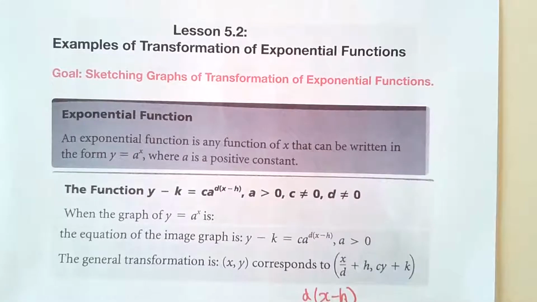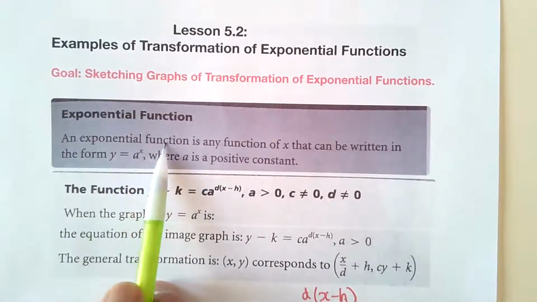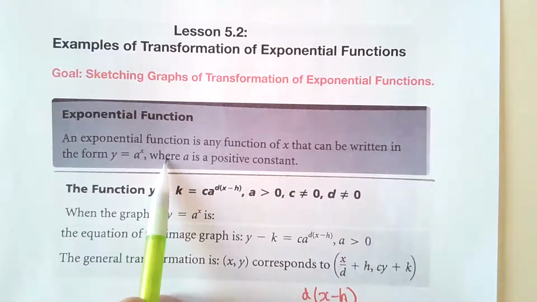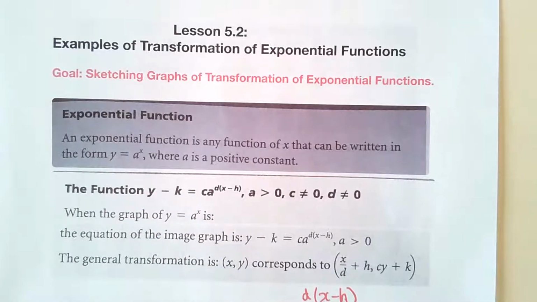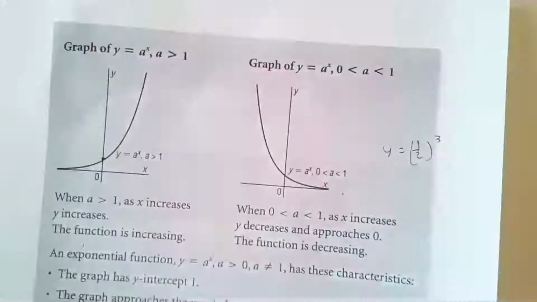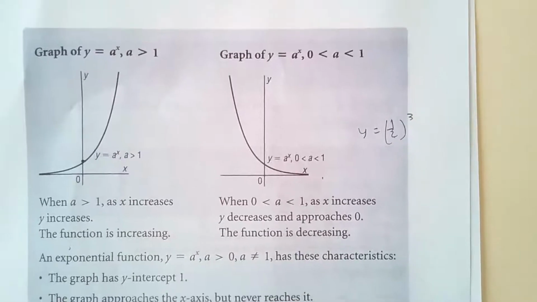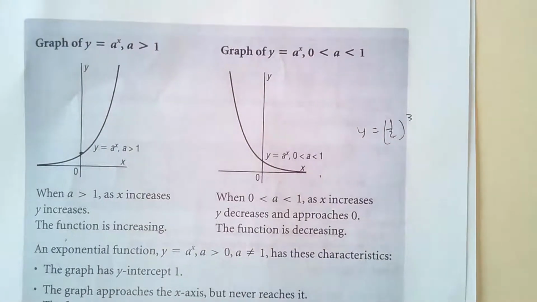Just a recap, an exponential function is any function of x that can be written in the form y equals a to the x, where a is positive. If you were to sketch either one of those, there are two shapes of exponential function.